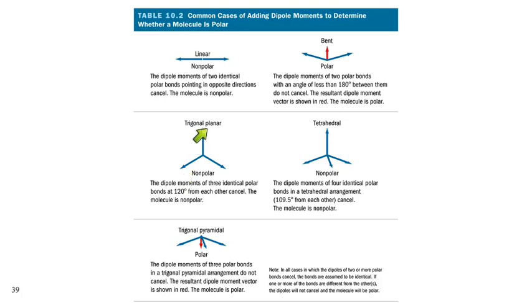Trigonal planar, if the differences in electronegativities are the same, then this one's going to be nonpolar because they're going in opposite directions. Tetrahedral could be nonpolar if all the magnitudes are equal. If you've got a magnitude that's different, then it won't be 0. Trigonal pyramid is typically polar because of the shape.